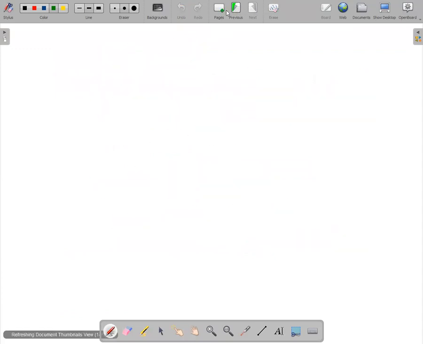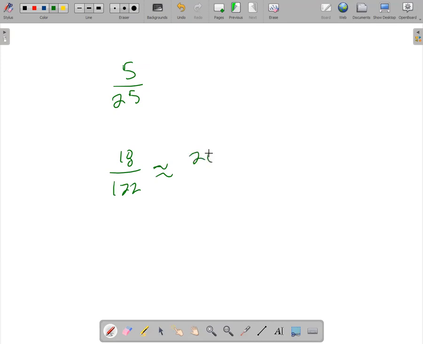We've got 5 out of 25, and the other one was 18 out of 122, which I said is about 20 out of 120. 5 out of 25 is a fifth. 2 goes into 12 6 times, so that is a 6th.